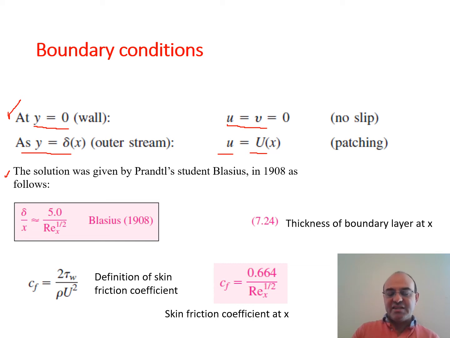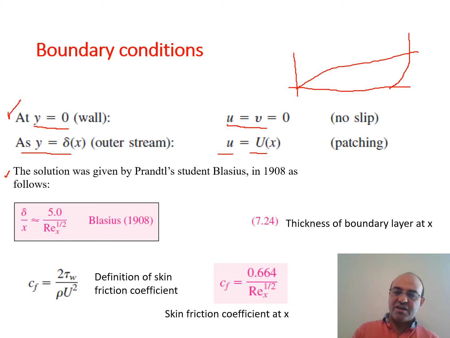Based on this solution, which is good for laminar flow, he was able to find the velocity profile in the boundary layer.